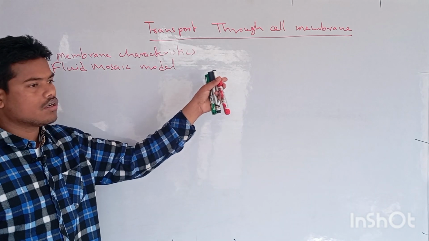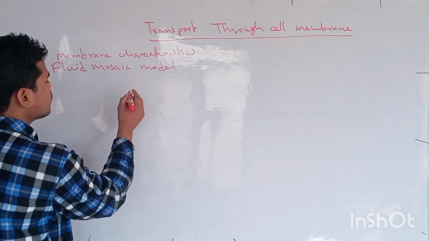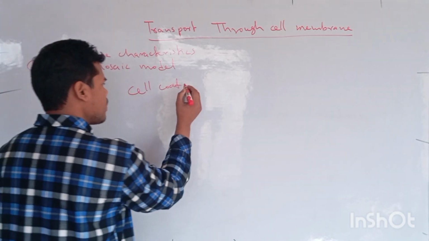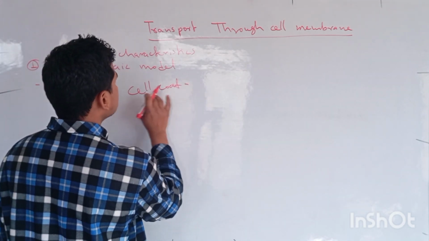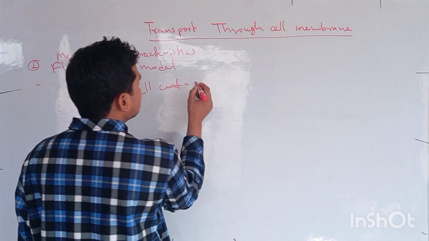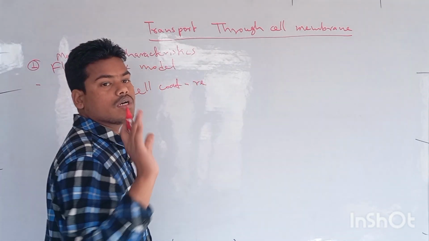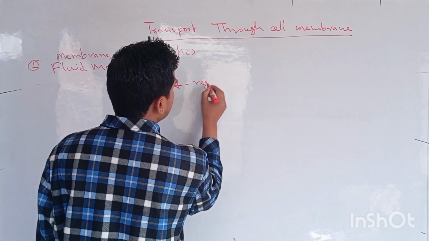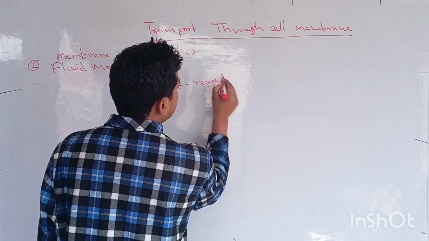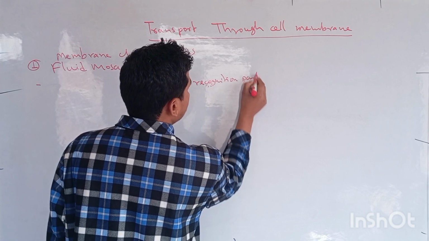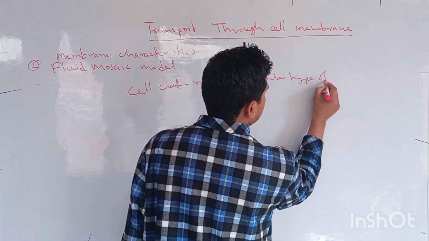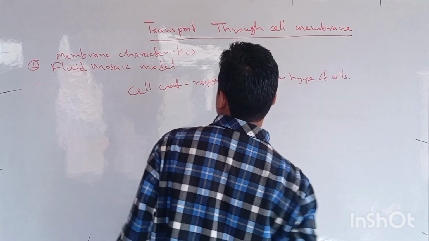You must know the cell coat. This cell coat is important for the recognition of a particular type of cell.